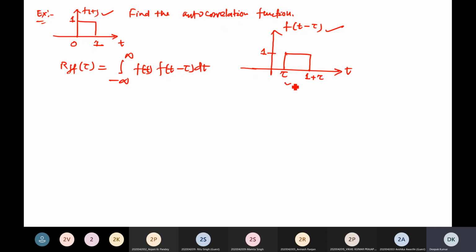See, when you multiply these two functions, the product is non-zero only in the range where they overlap, where tau belongs to 0 to 1. If you overlap these two functions somewhat like this, only in this range is the value non-zero.